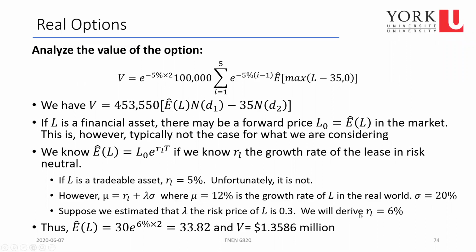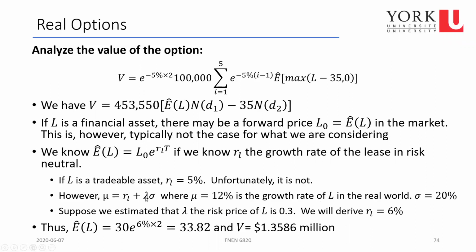And so you may have to do some estimation here. So the volatility, let's say, of the growth rate is say 20%, then you really have to measure the risk price, which is not a very easy thing to do.